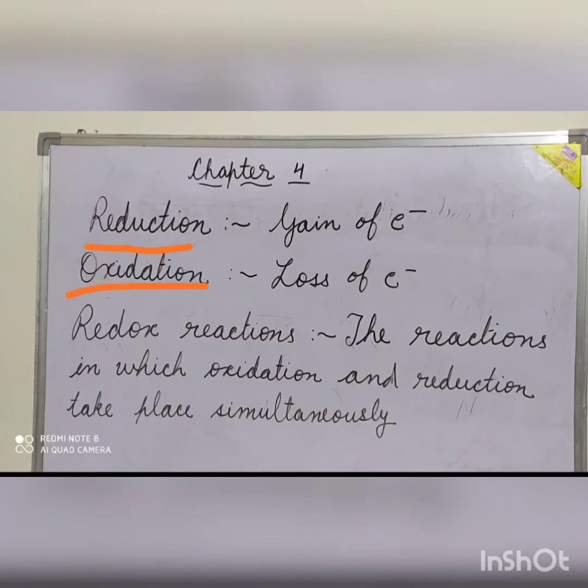So, in the formation of electrovalent bond, the electropositive atoms, or we can say the metals, lose electrons and undergo oxidation, while the electronegative atoms, that is the non-metals, gain electrons and undergo reduction. So the reactions in which oxidation and reduction take place simultaneously are called redox reactions.